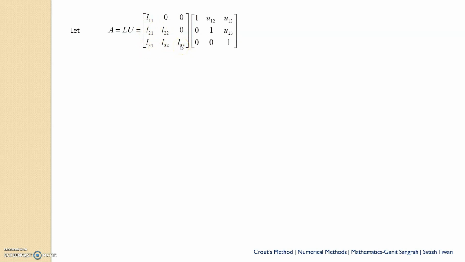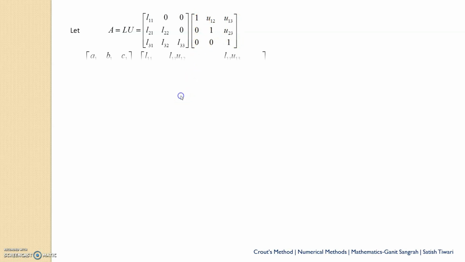Therefore it is called the lower triangular matrix, and these suffixes denote the position of an element in a matrix. Similarly, in our upper triangular matrix we take 1, 1, 1 as the diagonal elements and then the remaining elements in the upper part as U12, U13, U23. और नीचे के लिए मैडम 0 ले लेते हैं because it is an upper triangular matrix we are having.